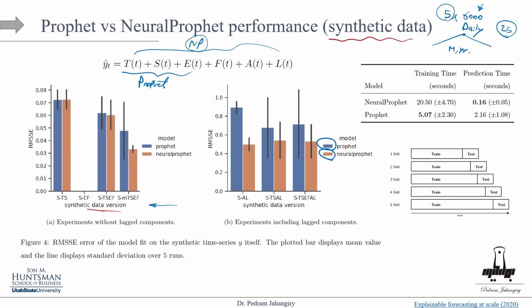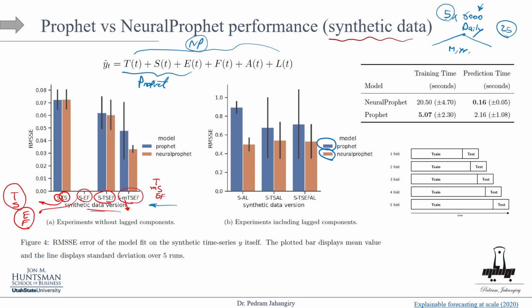So they're going to have a bunch of models. Let me tell you what it is. Just ignore this S part. This is synthetic data, and then we have TS. TS stands for trend and seasonality in that data. EF means we have events and future regressors. For example, this has all of them, and this one has trend multiplicative. That's what this M stands for. Multiplicative seasonality. Let's say this one, and then ENF.